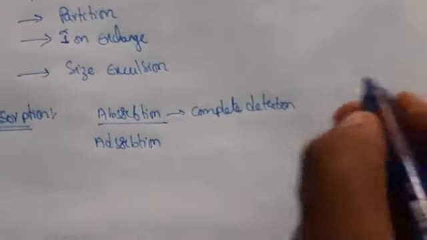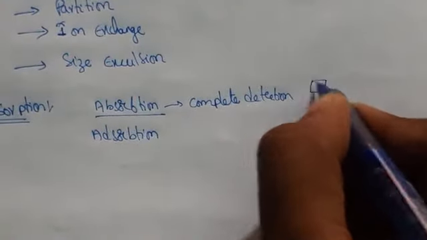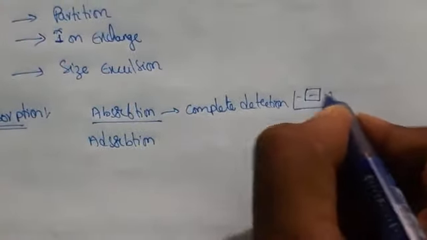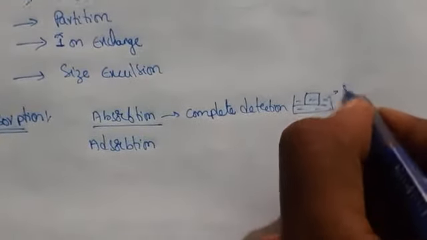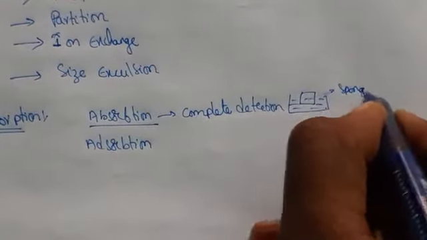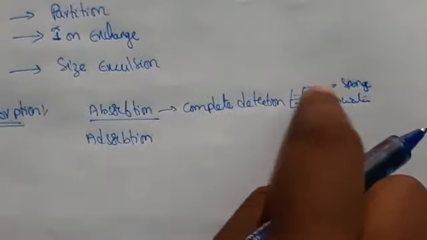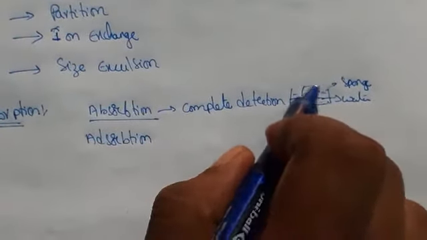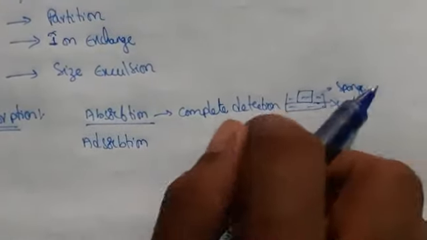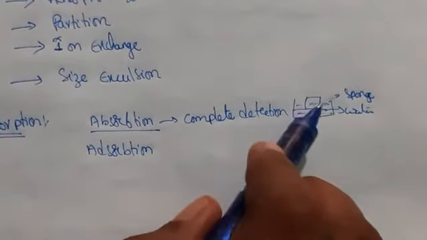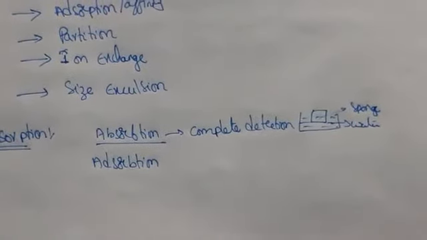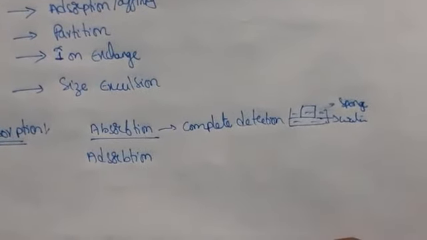If you take a sponge and keep it in water, what happens? The sponge will take up the complete water molecules, right? When you touch the sponge, it is having water. So this is about absorption.